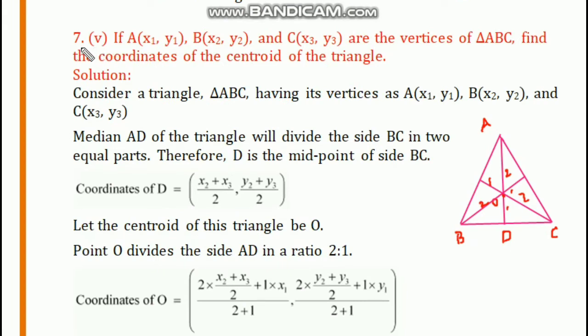Students, let's discuss exercise 7.4, 7th Roman 5th subdivision. If A(x1, y1), B(x2, y2) and C(x3, y3) are the vertices of triangle ABC, find the coordinates of the centroid of the triangle. So students, first you must know what is meant by centroid.